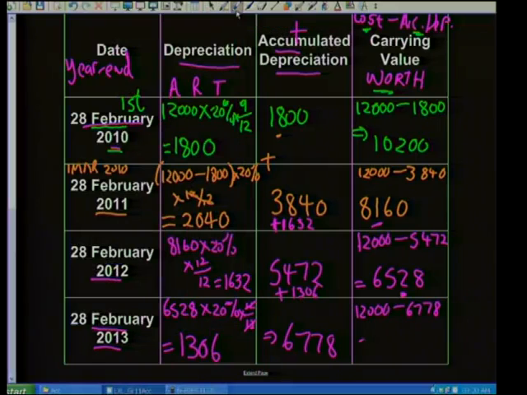Okay, so obviously the value of the asset, as we've noticed, has decreased over the years. In other words, once you write off depreciation, the asset value is going to diminish. It is going to decrease.